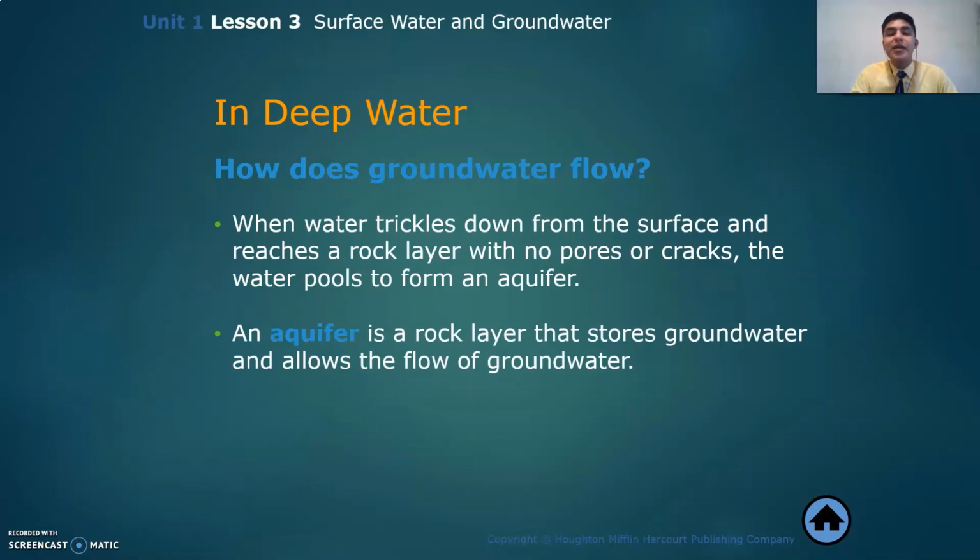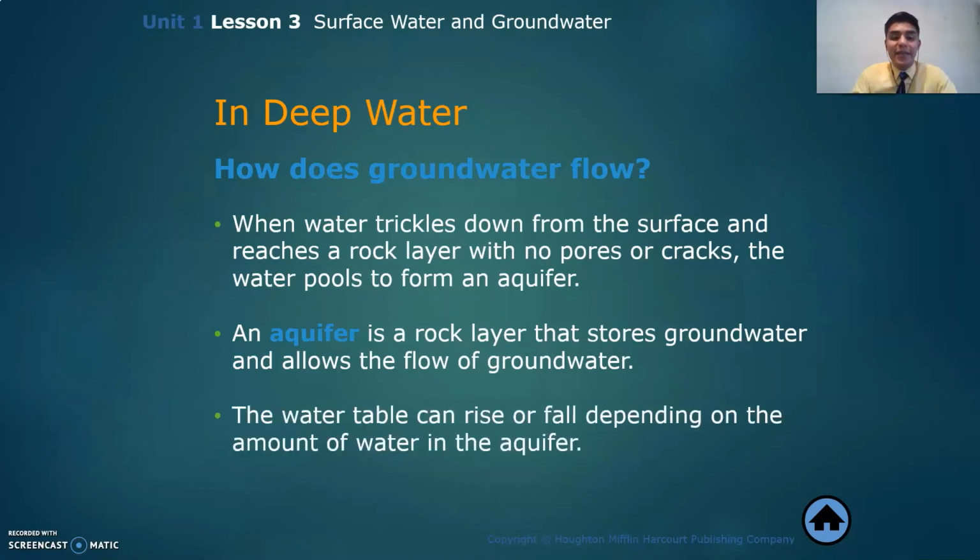An aquifer is a rock layer that stores groundwater and allows the flow of groundwater. So aquifers are the type of rock that can save or conserve some water inside them. And the water table can rise or fall depending on the amount of water in the aquifer.